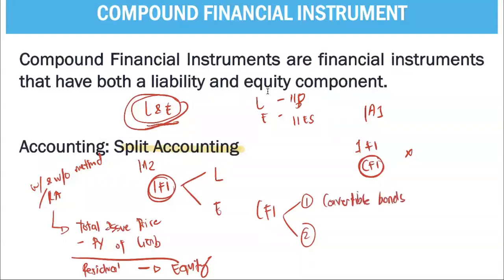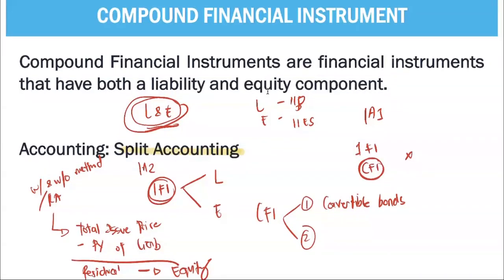Convertible bonds are a bond liability with a conversion option. So when we say a liability with a conversion option, you can exercise that particular conversion or you will not exercise it. During the lifetime of the bond, you have the right to convert it.